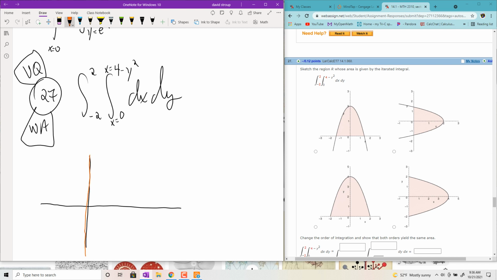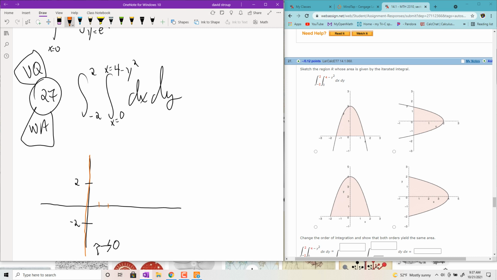If you want, you can already say that the y values go from -2 to 2. But anyways, x equals 0 is the y-axis to x equals 4 minus y squared. That curve is a parabola flipped sideways and then shifted over 4 places.